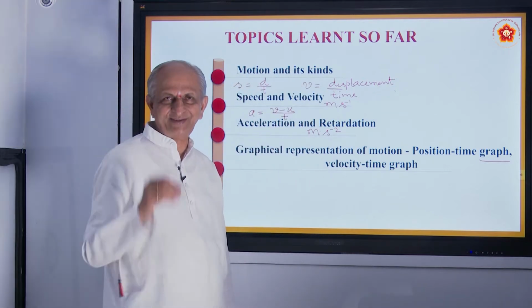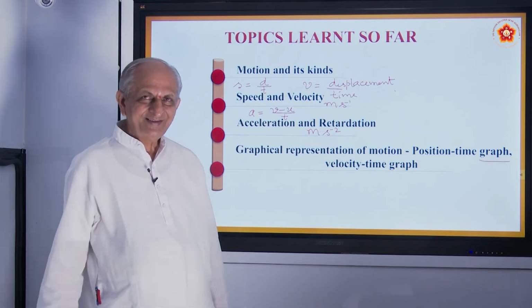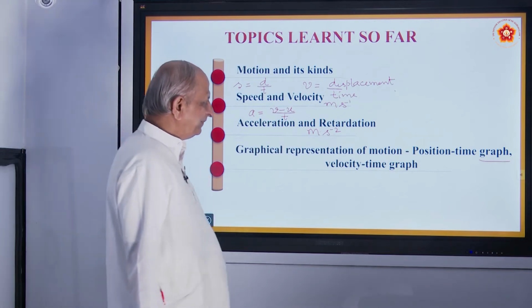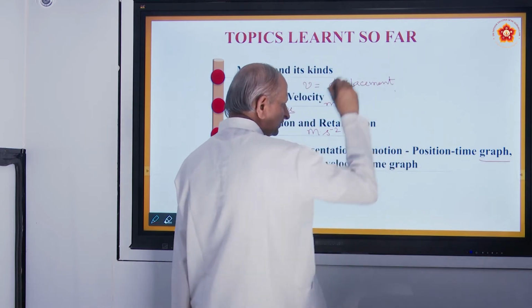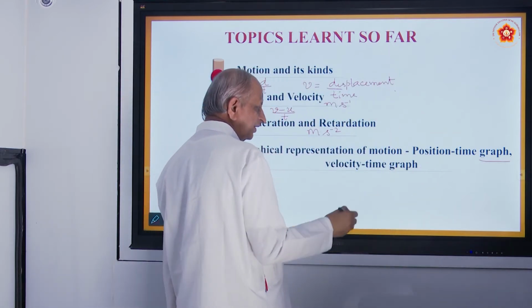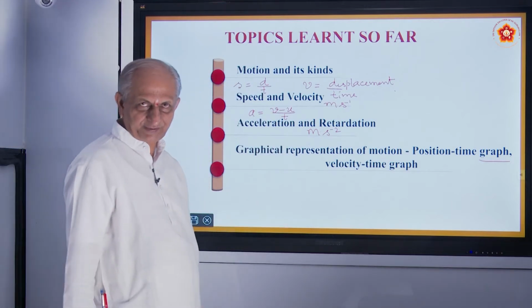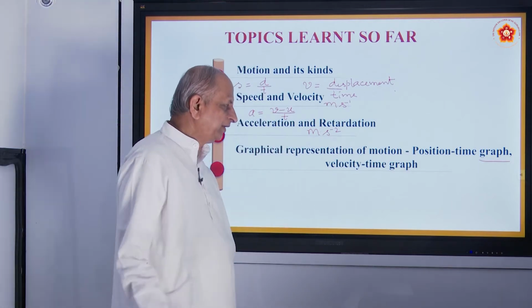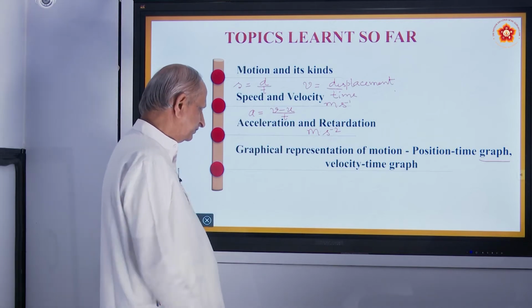There will be two axes, horizontal axis and vertical axis, and time is taken usually on the horizontal axis, position on the y-axis. Similarly here time is taken on the x-axis, velocity is taken on the vertical axis, and their graphs are to be drawn, which you have already seen in the previous class.